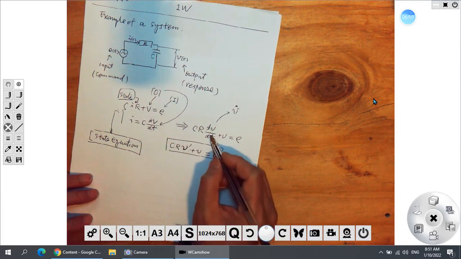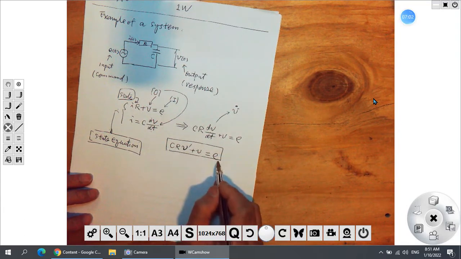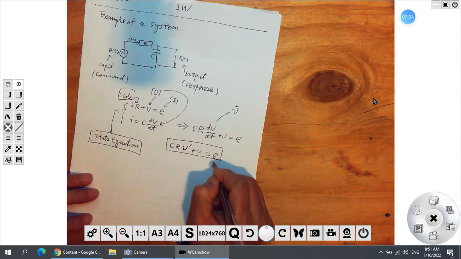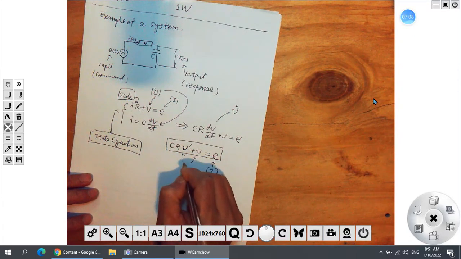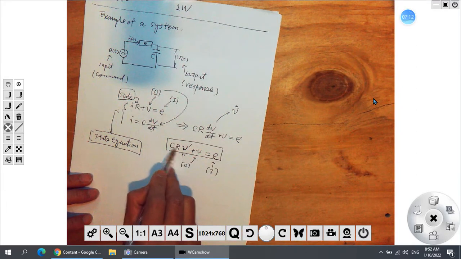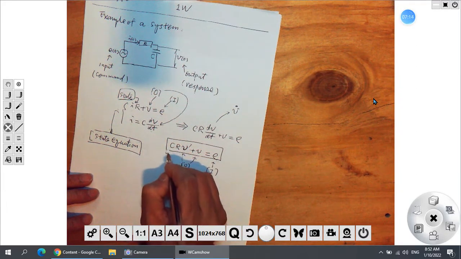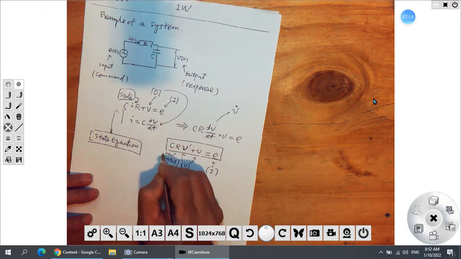And this equation, now we have this one. This one is quite simple. We only have input and output, right? Input and output. And C and R are constants. This is a constant. This is a constant. Some constant. Right?